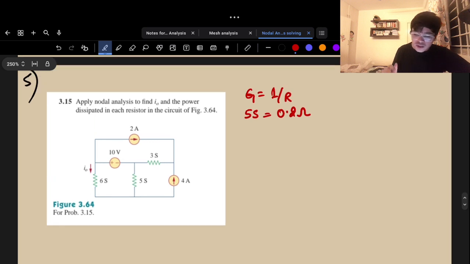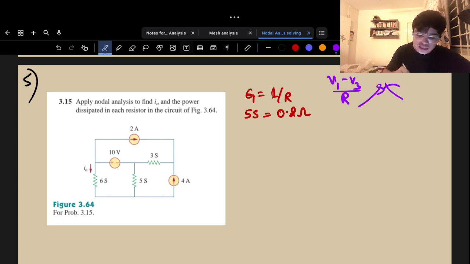All right. So you know why in nodal analysis especially, it is sometimes very good to convert things into conductances. I'll tell you why. Because when you are writing (V1 minus V3) by R, you have to cross multiply and simplify that stuff, right?